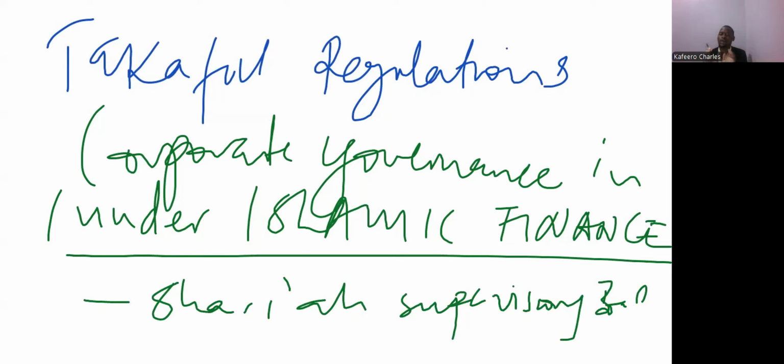It's the one that's supposed to guide the entire operations of the business. So the Sharia Supervisory Board is what we are basically going to focus on.